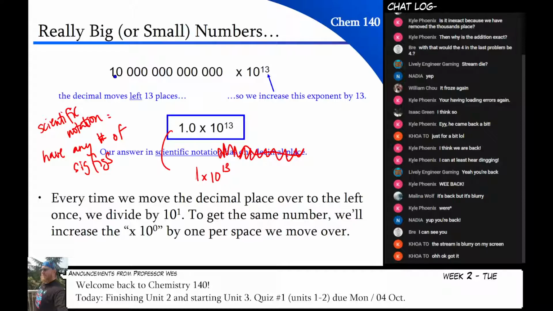So if you get an answer in scientific notation, but your answer needs to have 5 sig figs, just write a number, a decimal point, and then 4 more numbers, and there's your 5 sig figs, and then times 10 to the whatever. Okay? So this right here is part of the answer, but it is not sig figs. So you just always include it. But the part on the left, which is your number, that's where you put your sig figs.